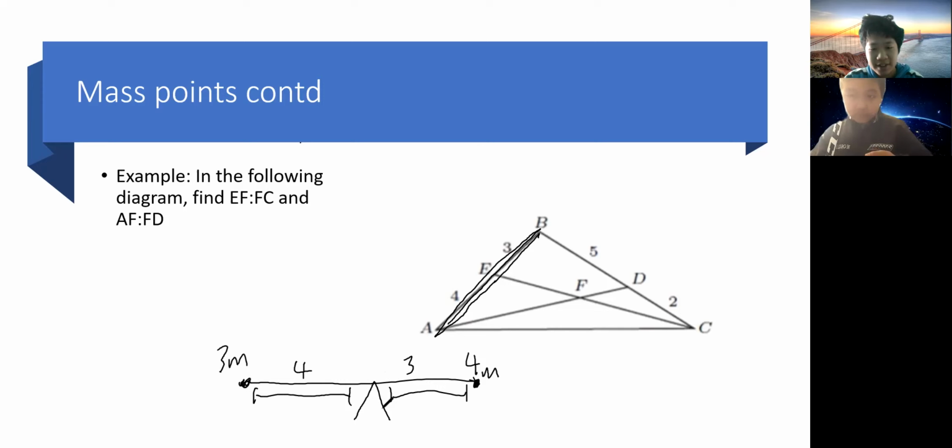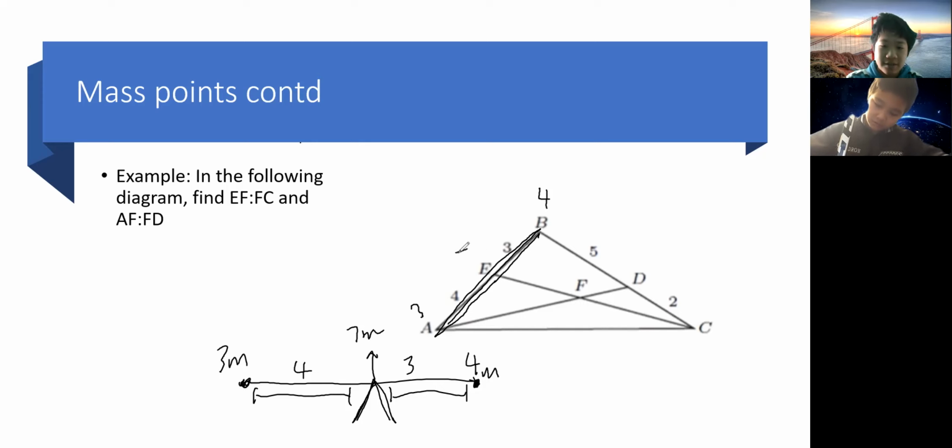So basically you have the seesaw here. And what's the force on the pivot? The pivot experiences a force of 7M. We have to add the two masses on the two sides to get the weight on the pivot here. So basically what we would do is we would say, oh, A has a mass of 3, B has a mass of 4, and E has a mass of 7.